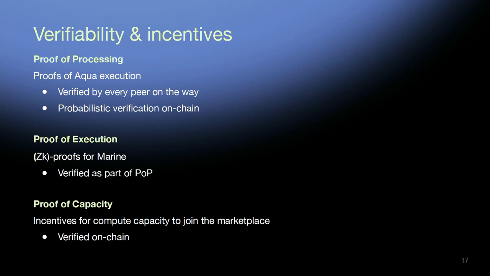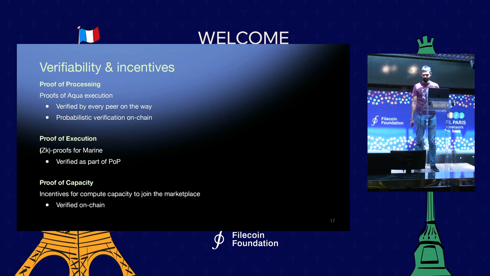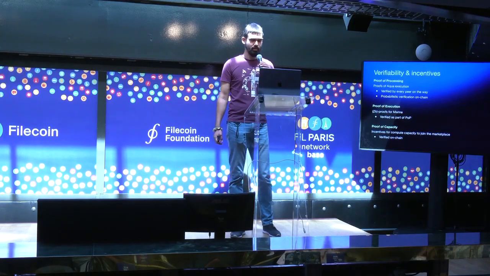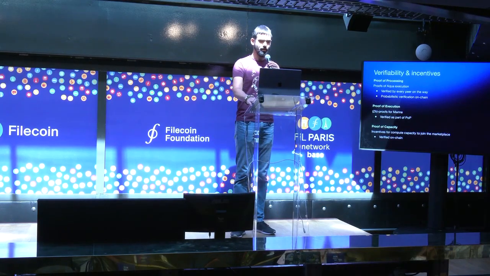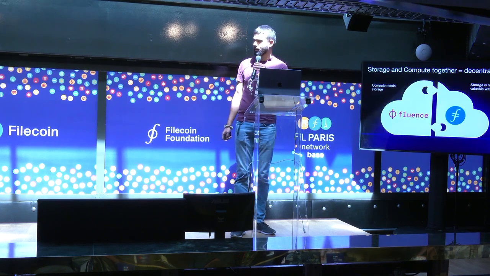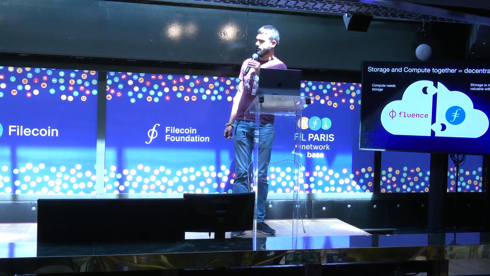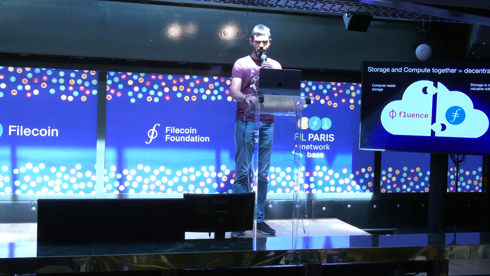And this verification comes as part of the proof of processing. And we have proof of capacity that incentivizes providing compute capacity to subsidize the supply side of the compute marketplace. And that's for miners to join. So yeah, storage and compute together form a decentralized cloud. So a lot of synergy between Fluence and Filecoin.